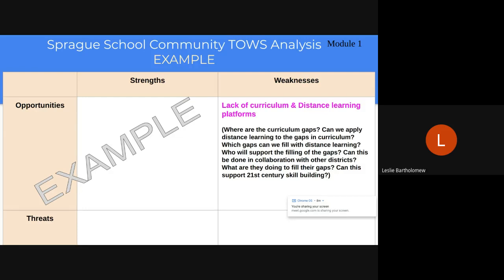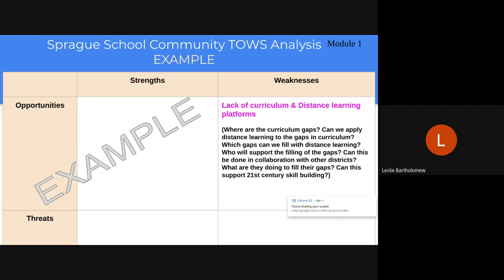The other piece here is that each of you have a unique vantage point in the organization. That's why it's going to be so rich for you to do this individually, for you to turn in your work to me, and then for us to look at all of the ideas and really look at some of the unique ideas that are out there, because they could potentially be some of the best strategic solutions for us.